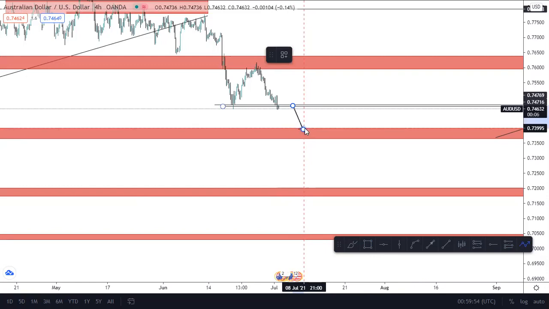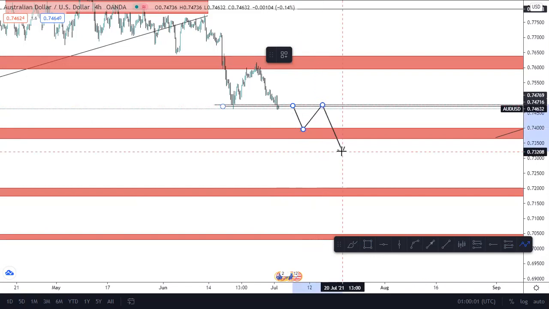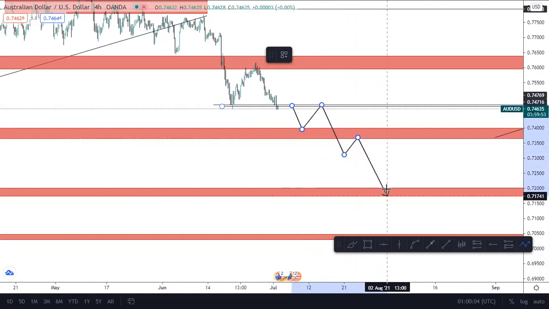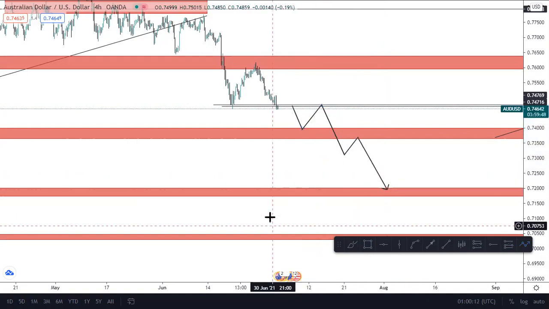So my take is that we are going to have a retest of this broken support here. Then price will find its way to satisfy the level of demand that is needed down there. This is my take.